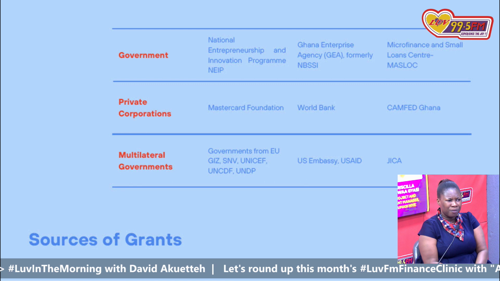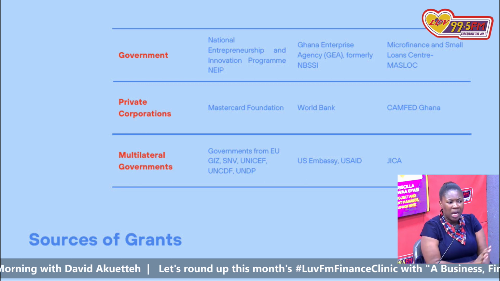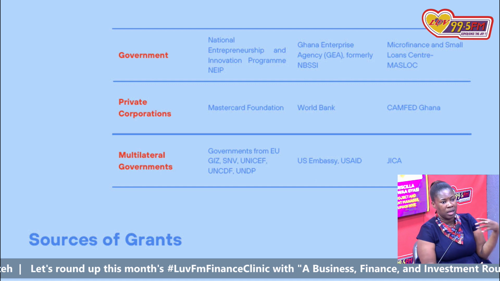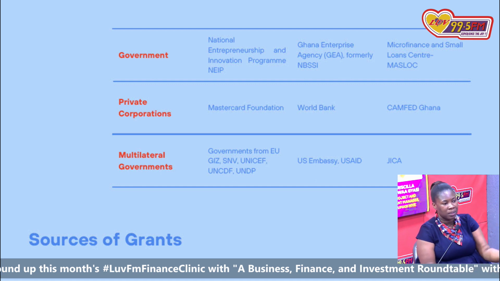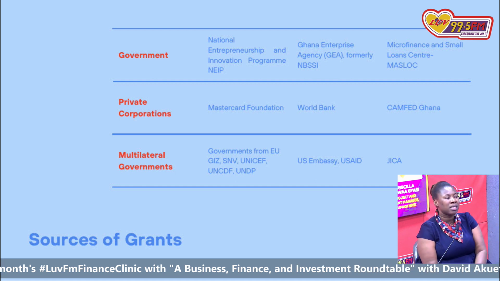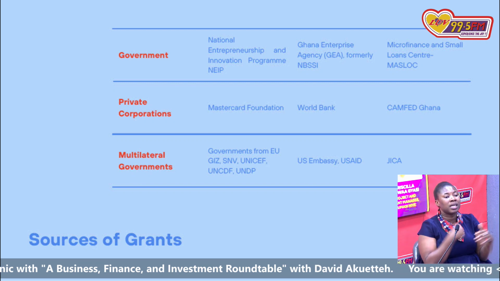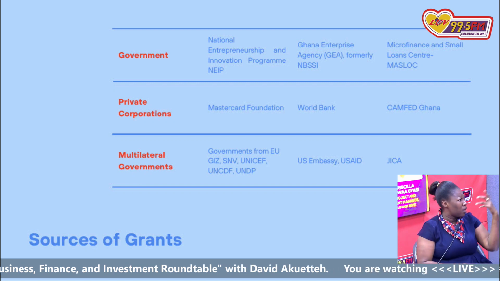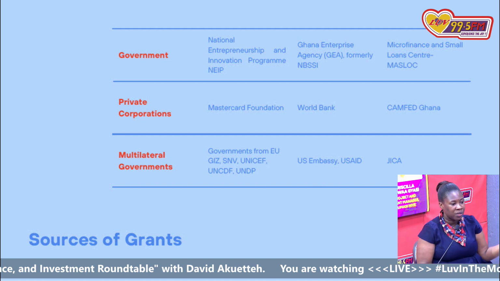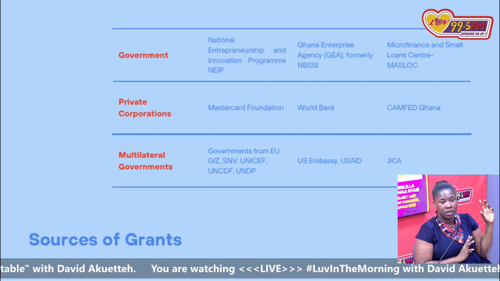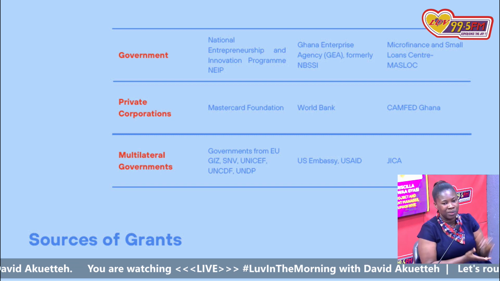So if you are in any community, any municipal, any district, and you are into entrepreneurship, you've started something up, please, in as much as they may be government and sometimes the bureaucracy is too high, just go there. There are business advisory centers in all the municipals. NEIP unfortunately doesn't have regional offices, let alone municipals.